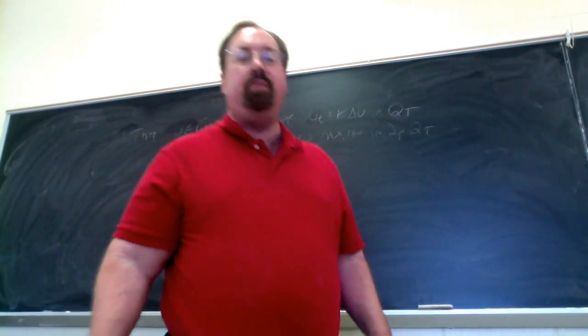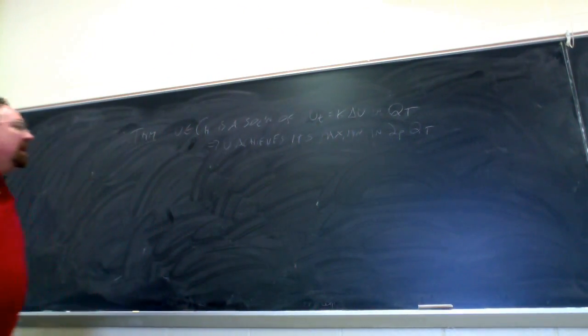The reason why you only have to prove it for a maximum is that if u is a solution of the heat equation, and you prove that the maximum is on the parabolic boundary, then minus u is also a solution of the heat equation. And so you maximize minus u, which is the same as minimizing u.